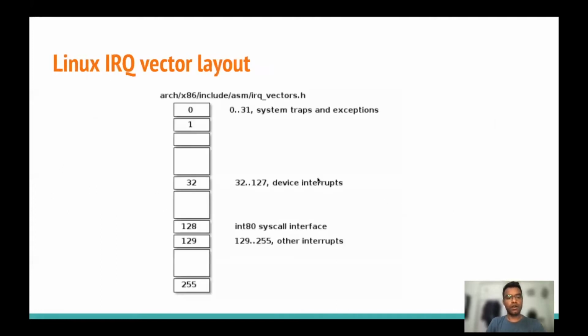This is the view of the IDT. Here these are the interrupt lines 0 to 255. In x86 we can have up to 256 interrupt numbers. Interrupt lines 0 to 31 are reserved for traps and exceptions, and 32 to 127 are for external devices in the system.